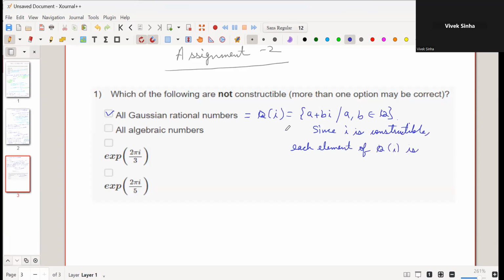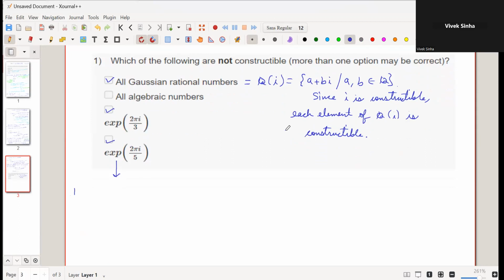Q is constructible. All algebraic numbers. On this I will come back. And here, why are these two constructible? Let me explain, let's say for this.